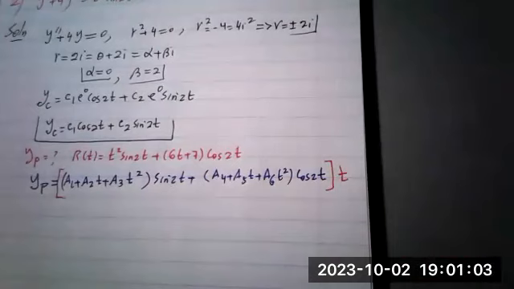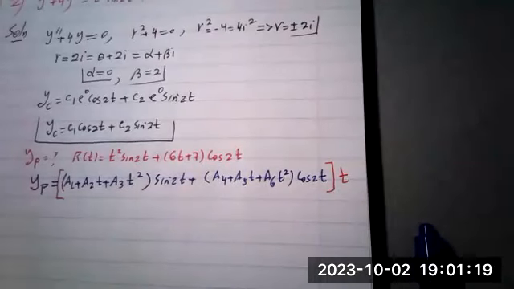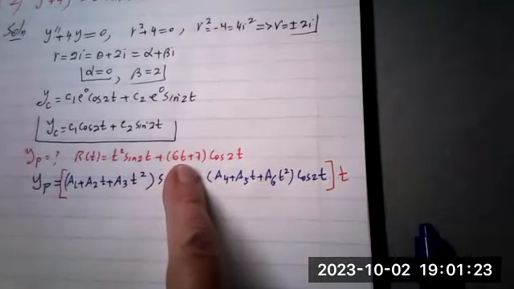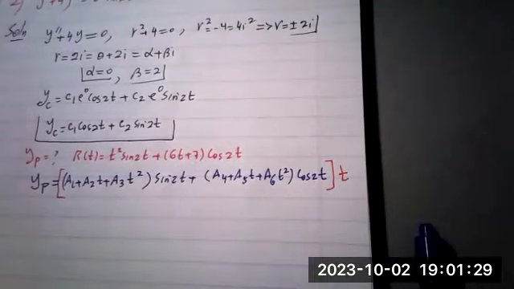To get the numbers, let's go with the second one. Let me write it down, then I explain.